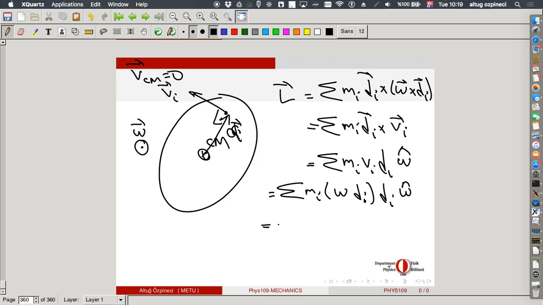This is equal to Mi Di squared times omega in the omega hat direction. Well, this is nothing but the moment of inertia. And this is nothing but the angular velocity vector.